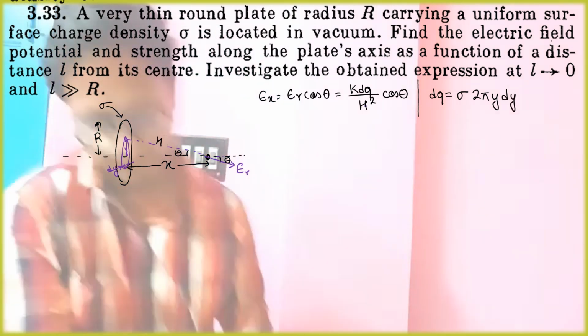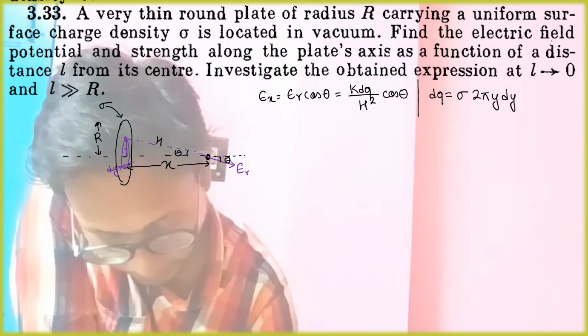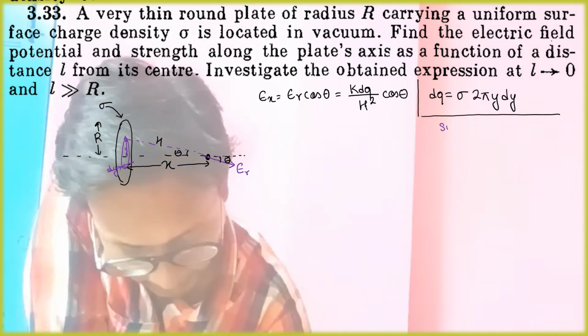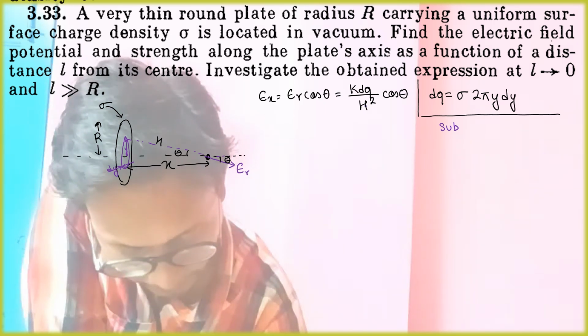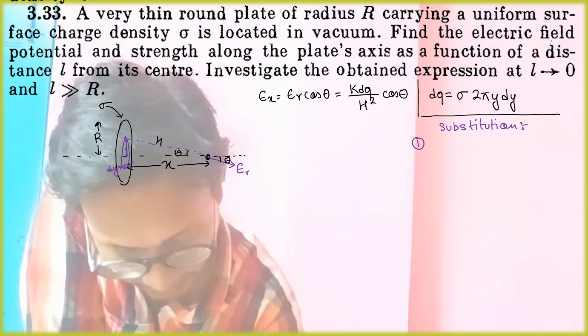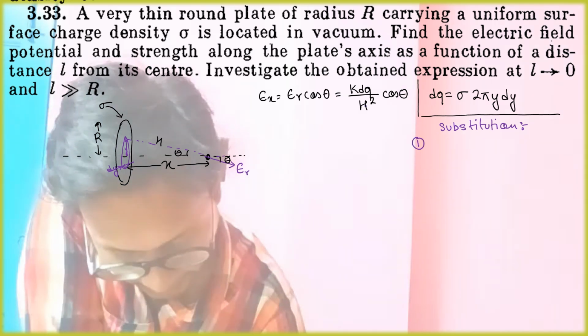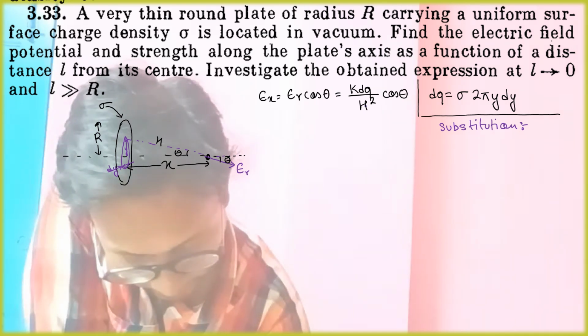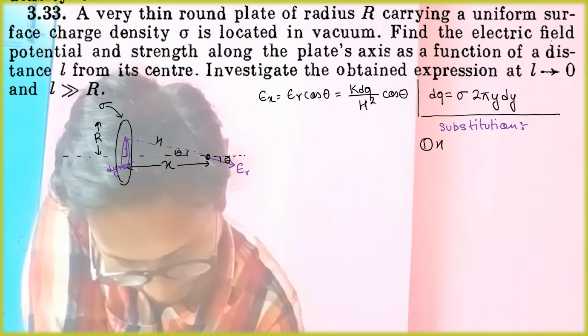Now see out here. So some more substitution. See, you already have got the idea that out here you have to substitute h. Okay, h is equals to how much? H or hypotenuse.